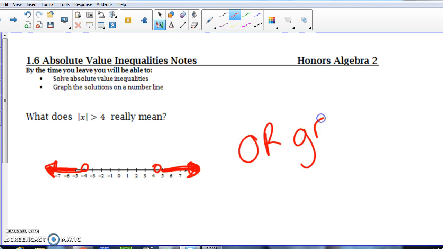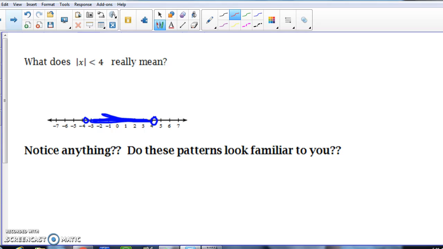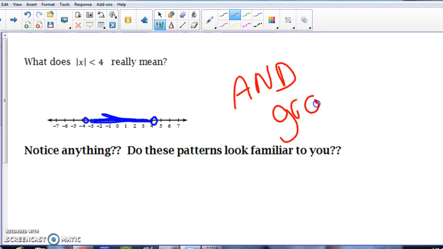Now we know there are exceptions, but this looks like my typical OR. Versus this one, this looks like my typical AND graph from compound inequalities. So like I said, you will see these similarities, and we'll talk about how these less thans and greater thans really relate to ANDs and ORs from compound inequalities.